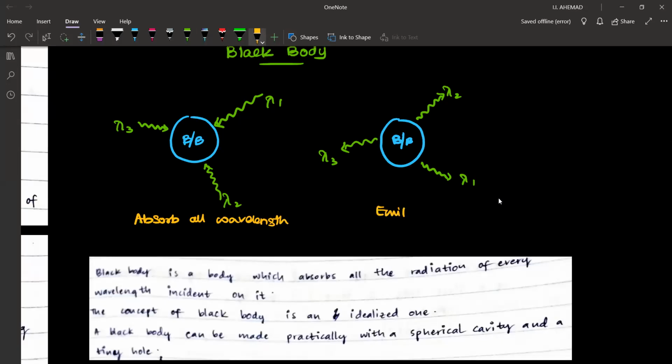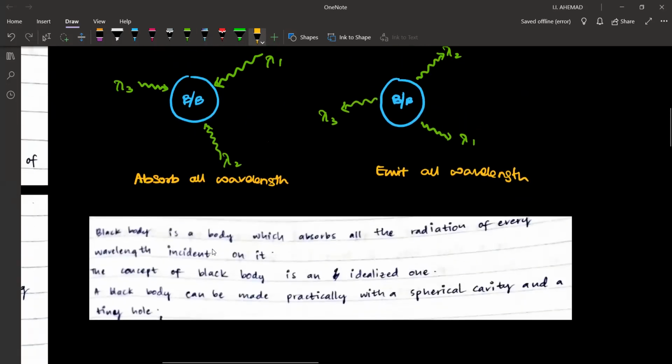Emit all wavelength. Write these 3 points. A black body is a body which absorbs all the radiation of every wavelength incident on it. So the concept of black body is an idealized one. And the third point, a black body can be made practically with a spherical cavity and a tiny hole. I will explain the third point.